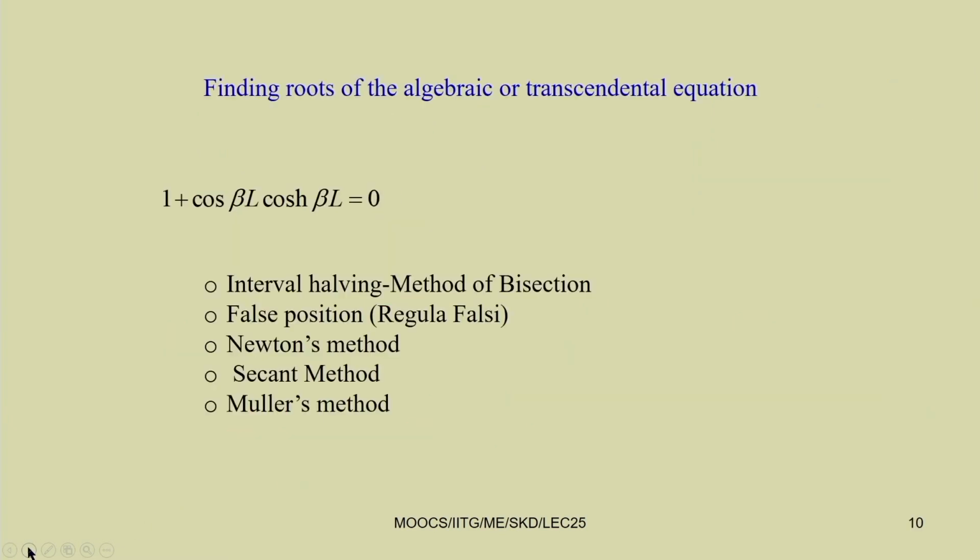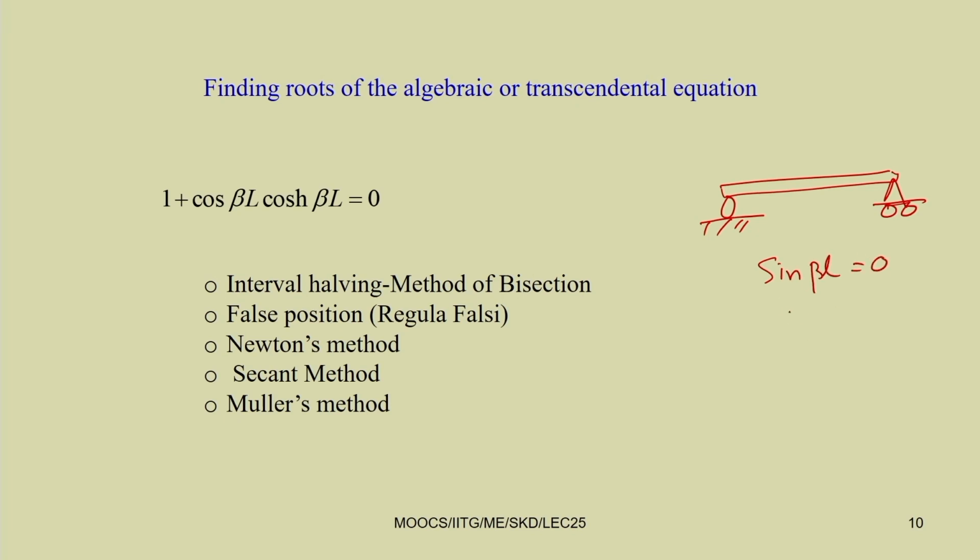Continuing with the same example, sometimes we take the Euler-Bernoulli beam equation with different boundary conditions. In case of the Euler-Bernoulli beam, let us recall when it is simply supported, we know this characteristic equation which contains sin beta L equal to 0.